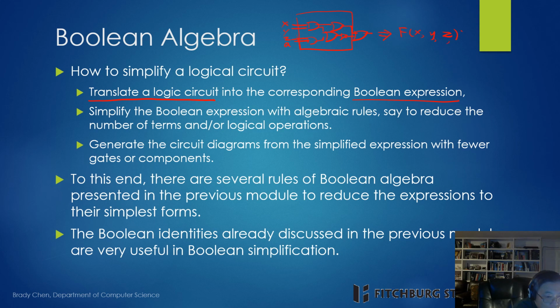So there are 4 inputs, x, y, z, a, and we try to convert this into a Boolean expression, something like x times y plus and so on.